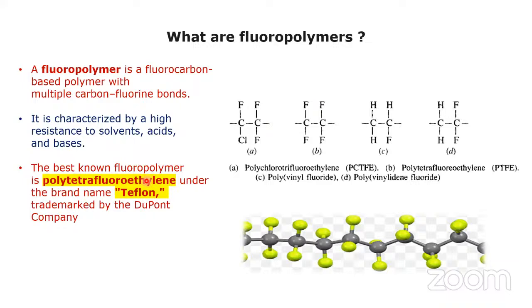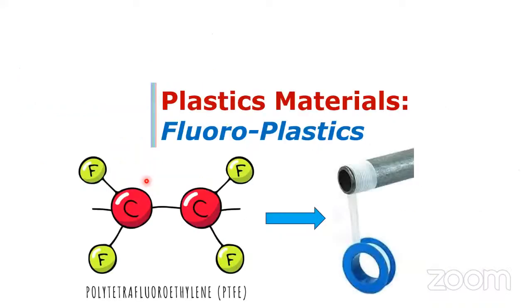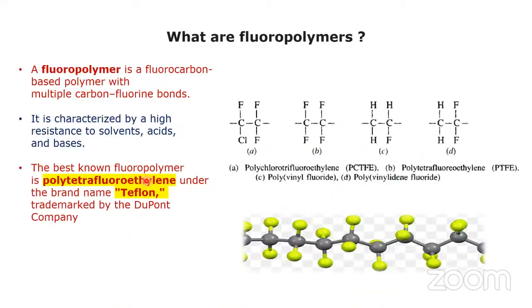So what are fluoropolymers? A fluoropolymer is a fluorocarbon-based polymer with multiple carbon-fluorine bonds. As we have observed here, multiple carbon and fluorine bonds are there. That's why it is called a fluoropolymer. It is characterized by a high resistance to solvents, acids, and bases.